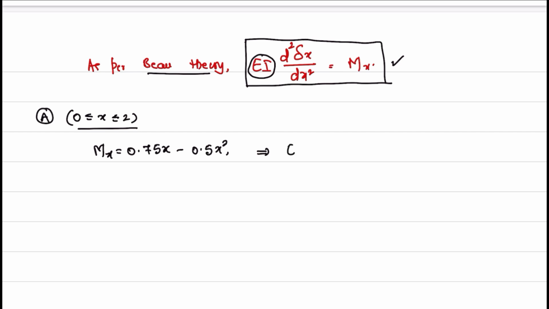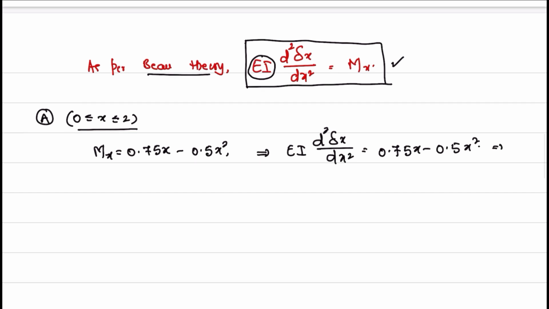This implies EI into d square delta x by dx square is equal to 0.75x minus 0.5x square. This is the equation from the beam theory.